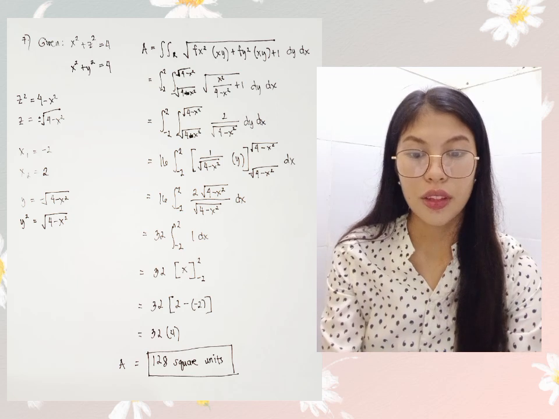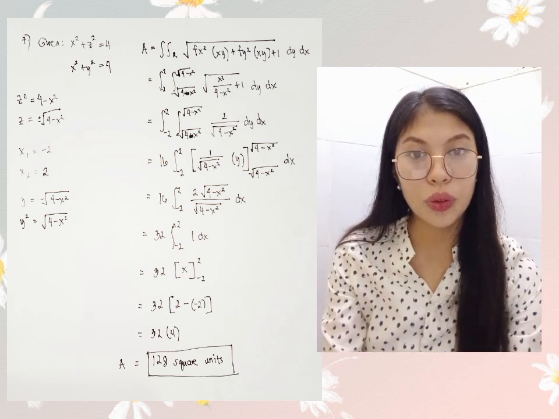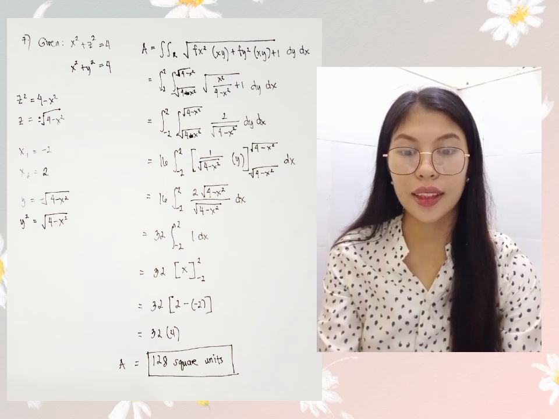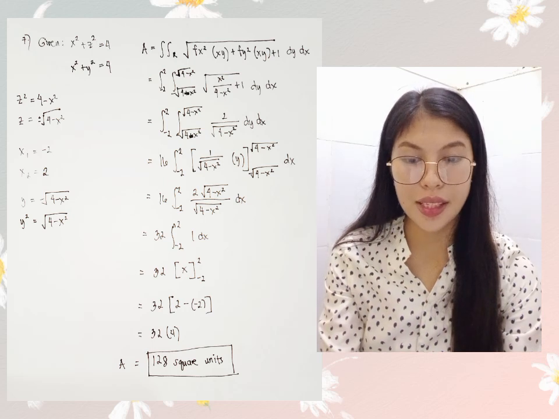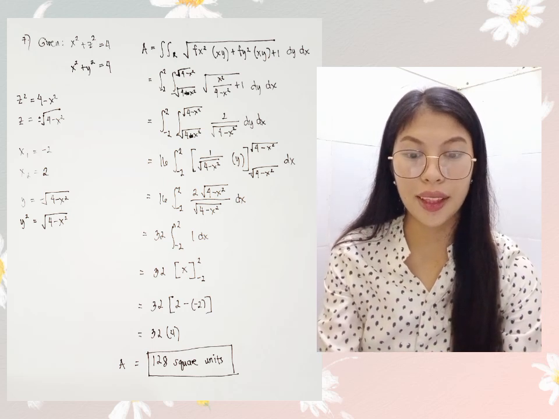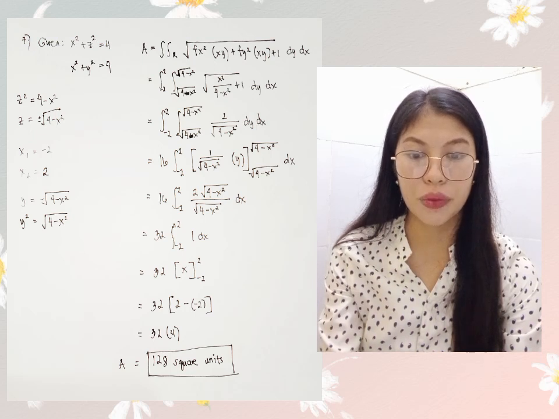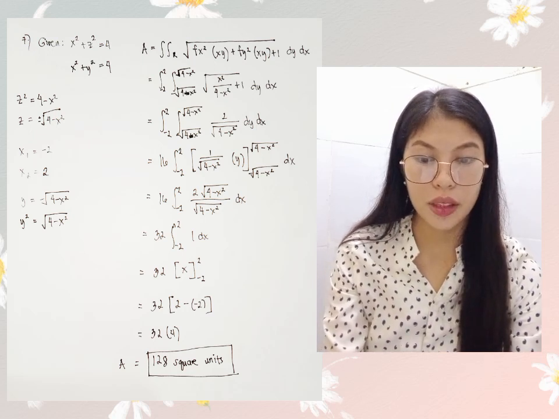So we have 32 integral from negative 2 to 2 of 1 dx. When we get the antiderivative of 1, that would be x. And then we plug in our lower and upper bounds, negative 2 and positive 2.